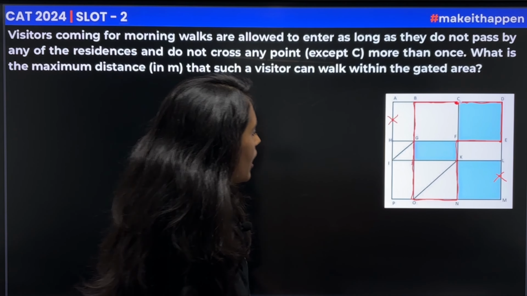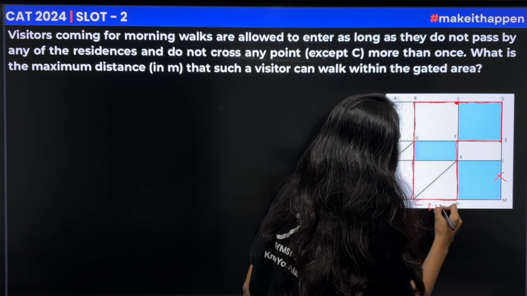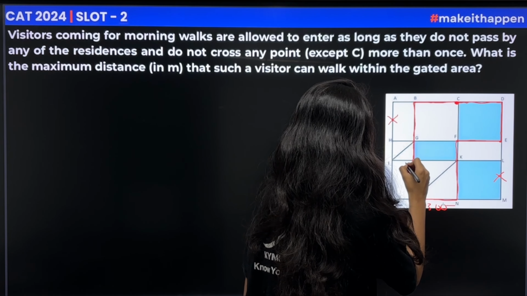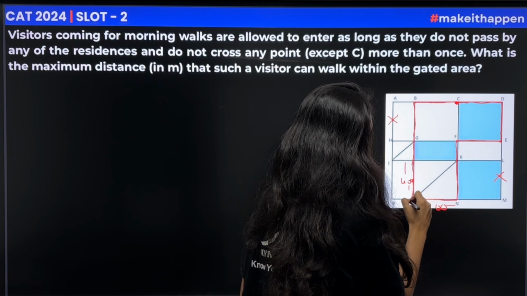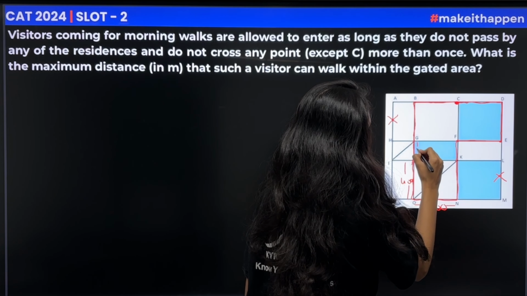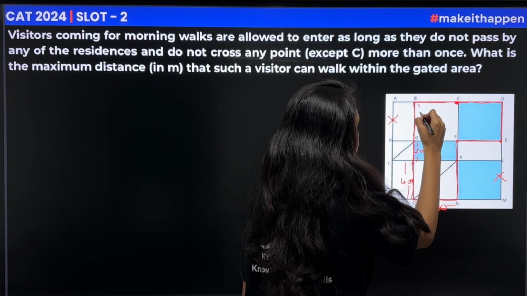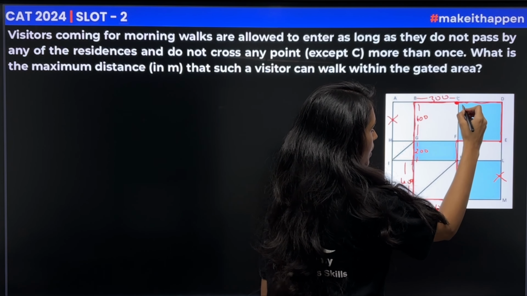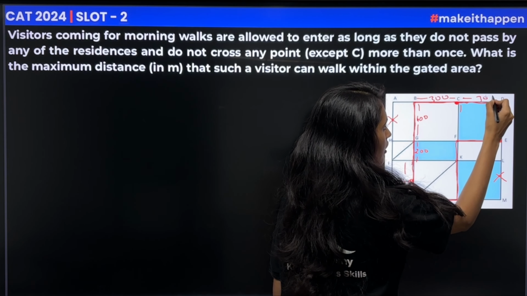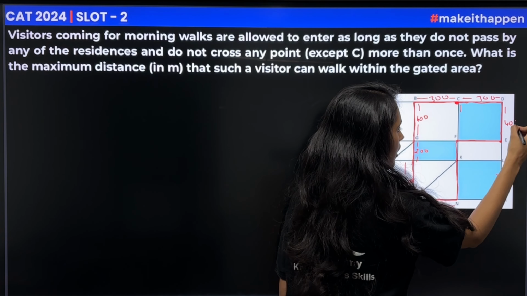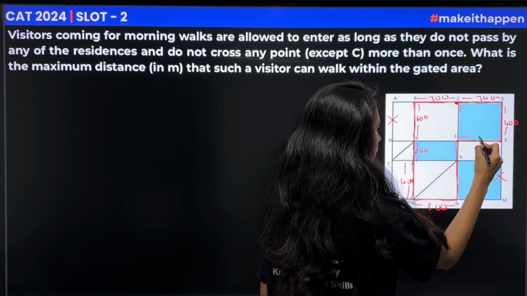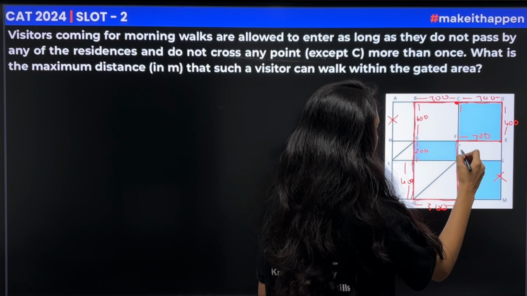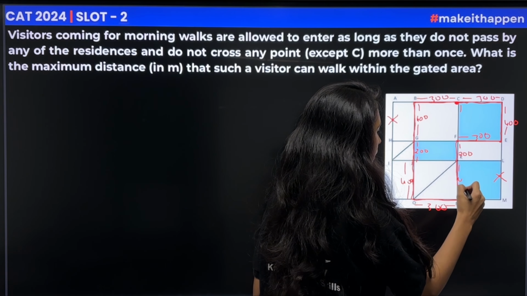Now this was 300, this was 400, this 200, 400, 300, 300, 400, 300, and 200 and 400.